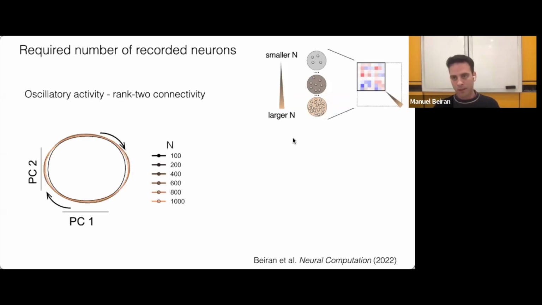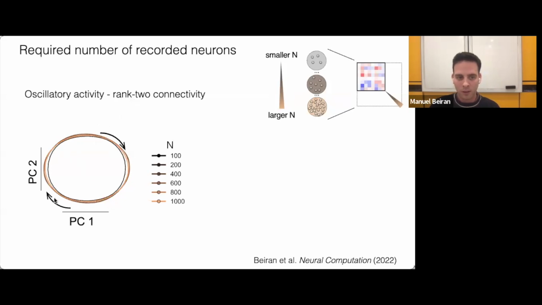And I built these teacher networks in a particular way, such that the dimensionality of the dynamics they generate does not depend on the total number of neurons. So these networks have rank 2 connectivity. That's the trick, to make the activity have constant dimensionality.